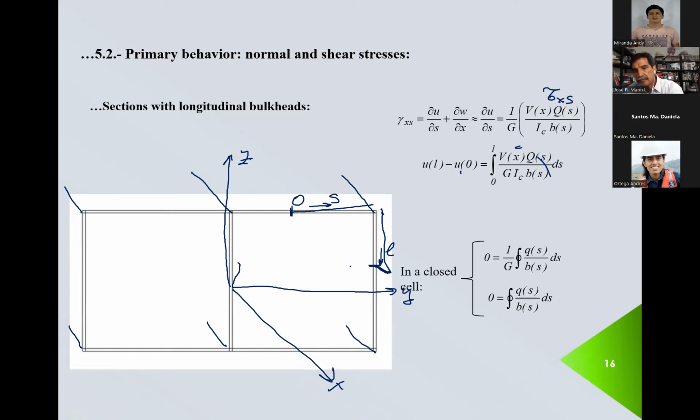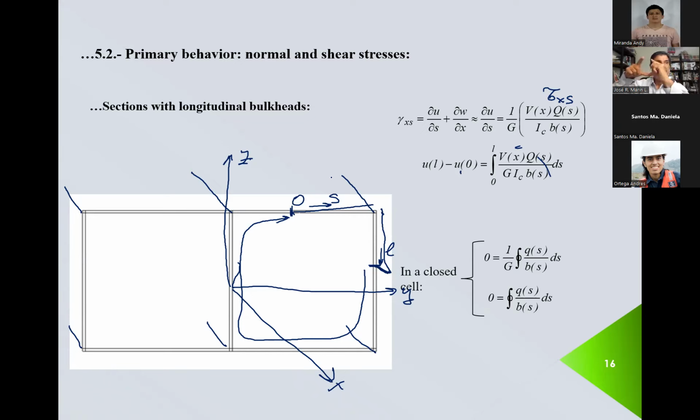Now, what happens if I integrate this, continue the integration to here? The result is that this is a closed section, right? You have something like this. So I start here, go in this way, and when I return to this point, this point has to move the same.